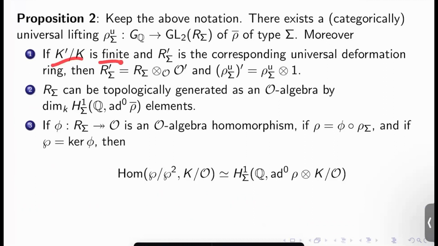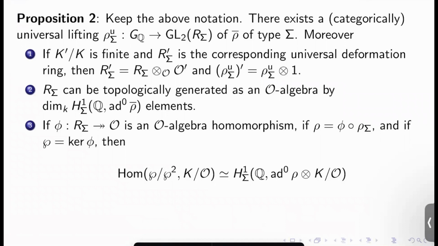One: if K prime over K is a finite extension and R prime sub sigma is the corresponding universal deformation ring, how do you relate R prime sub sigma to R sub sigma? R prime sub sigma is just R sub sigma tensor O prime over O. And how do you relate the universal type sigma deformations? Rho U sub sigma prime is just rho U sub sigma tensor 1.